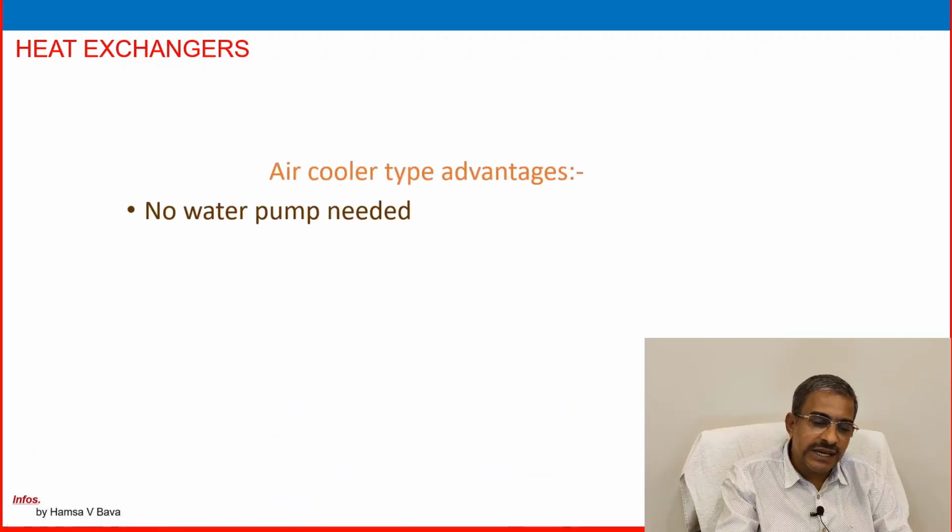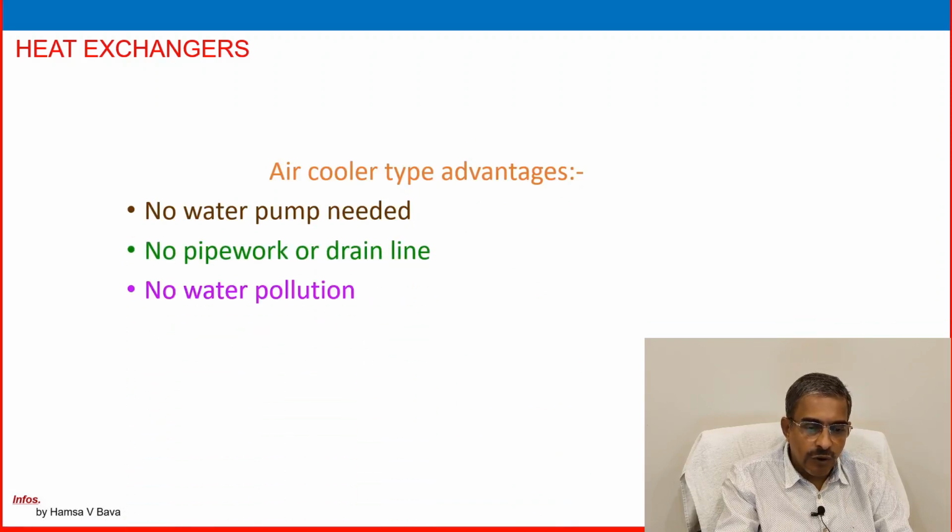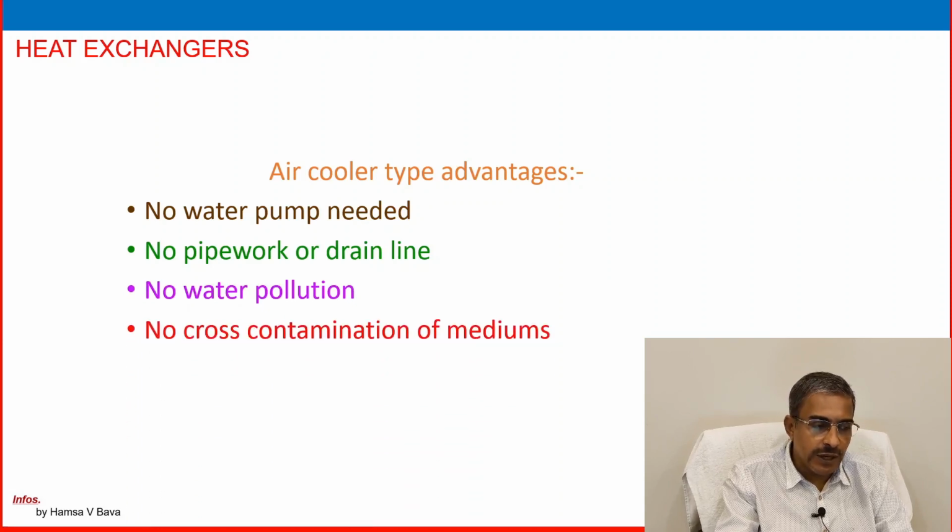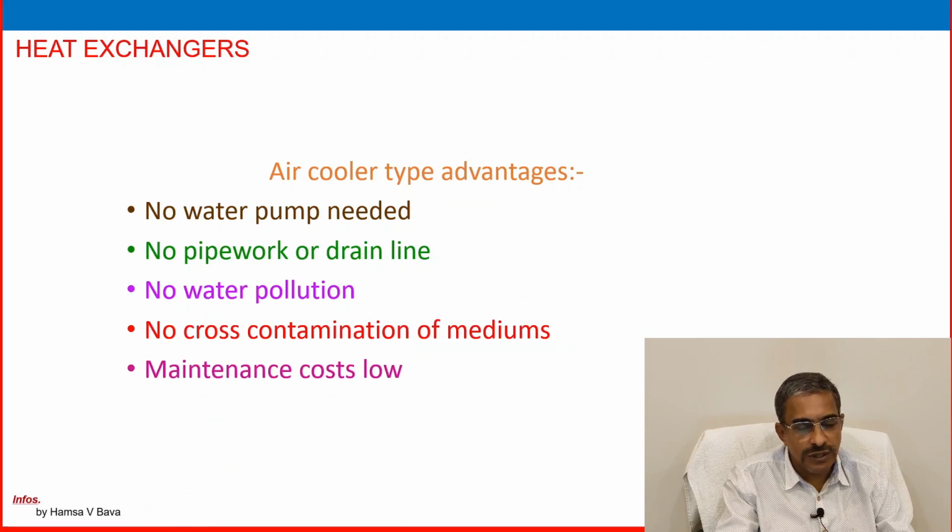The advantages are: no water pump is needed, no pipe work or drain line, no water pollution, and no cross contamination of medium, meaning the cooling fluid and air are the medium. That's why there is no cross contamination, and our hydrocarbon gas is not mixing with the air. We can make sure of that. Maintenance cost is very low.